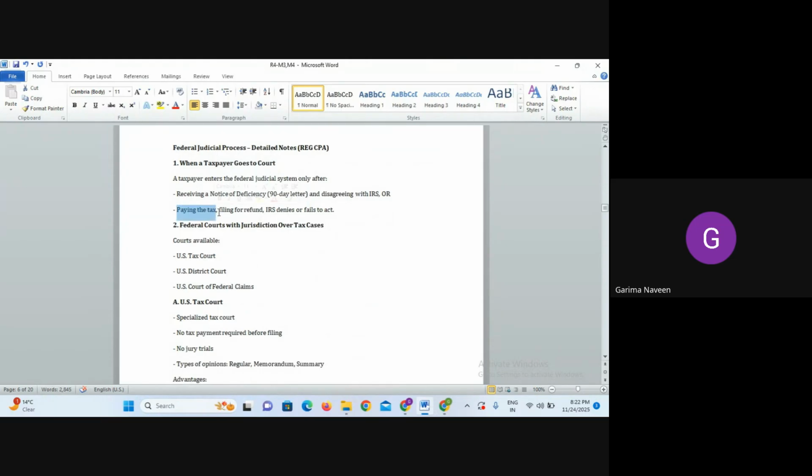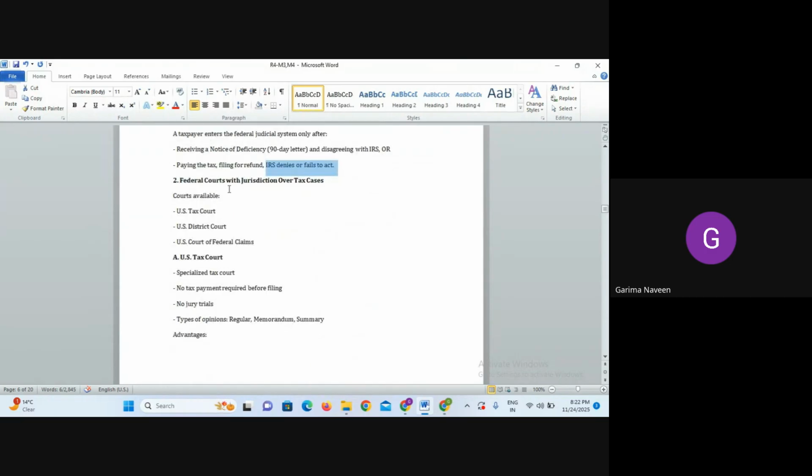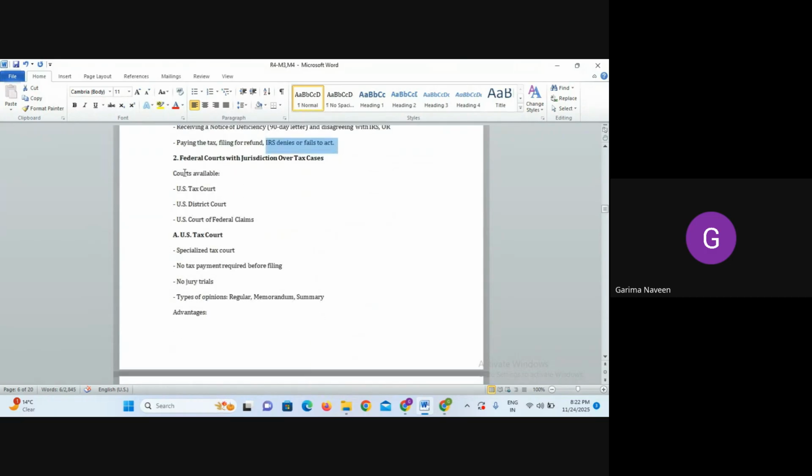Or after paying the taxes and filing for a refund, if the IRS denies or fails to act, then in that case you may go to court and file a petition. These are federal courts basically. In the US, you have the US tax court, US district court, and US court of federal claims, and apart from these courts, you also have the US Supreme Court and US Court of Appeals.